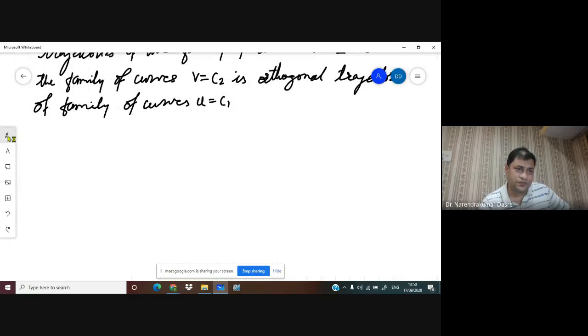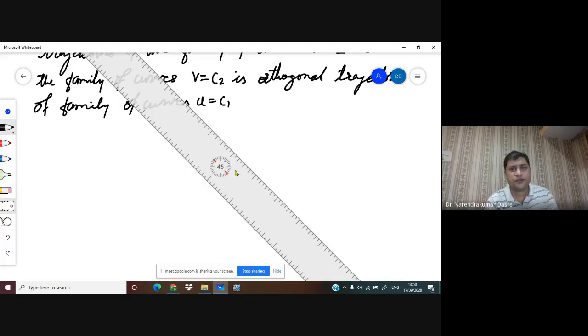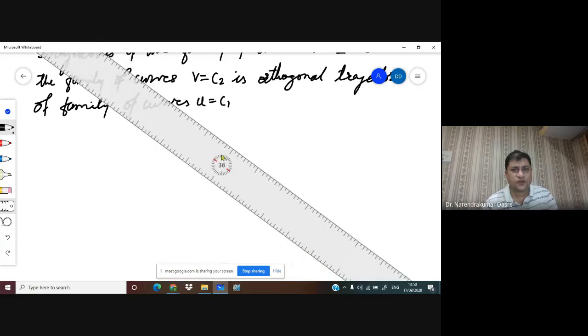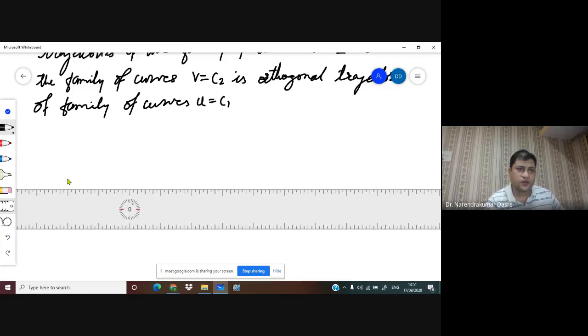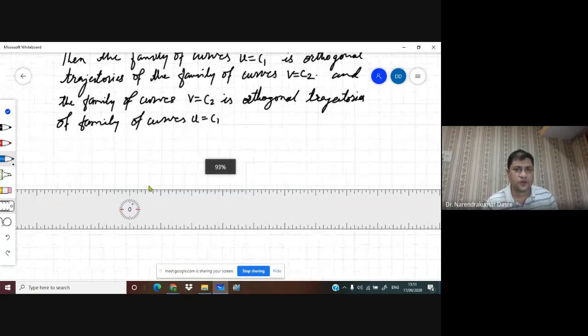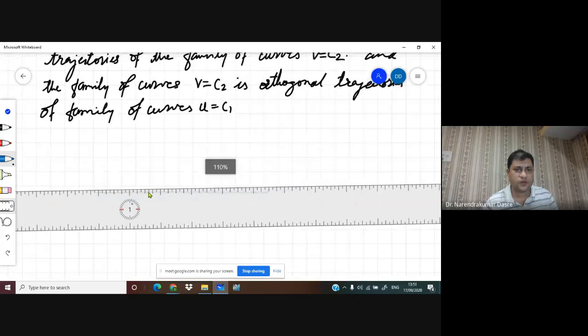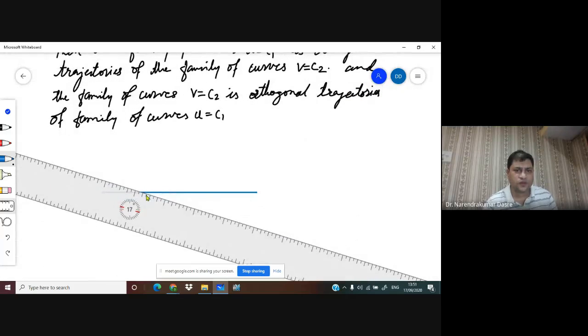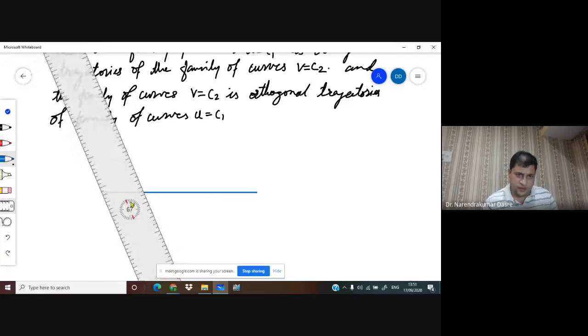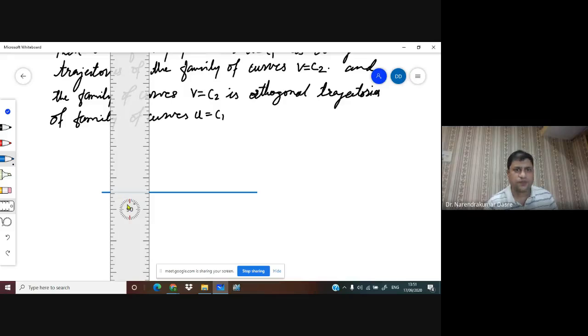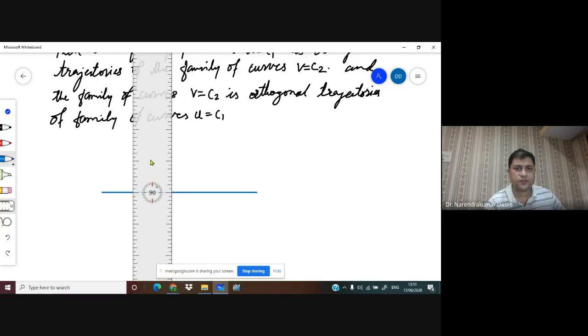Okay, so we'll have, see, the curves we are having here.